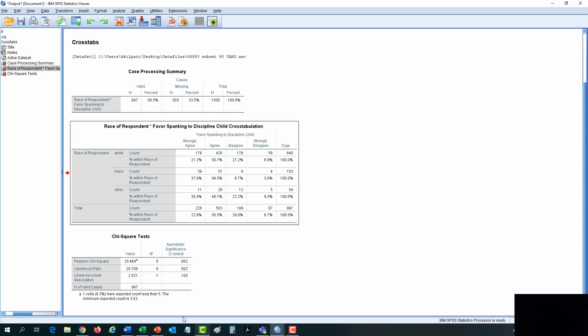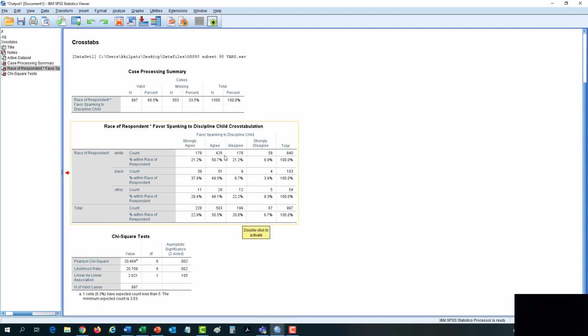So what you want to do to read this table is look down the columns for each answer, right? You're looking at the difference between white, black, and other respondents. So for strongly agree, black respondents have the highest percentage by far.